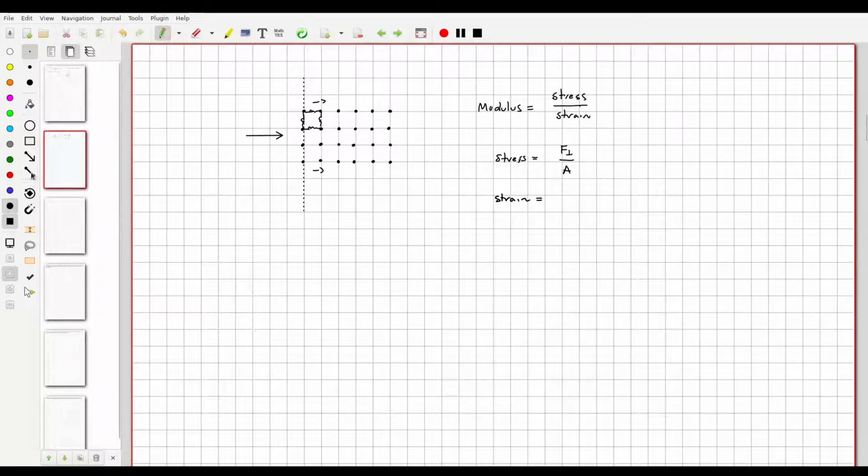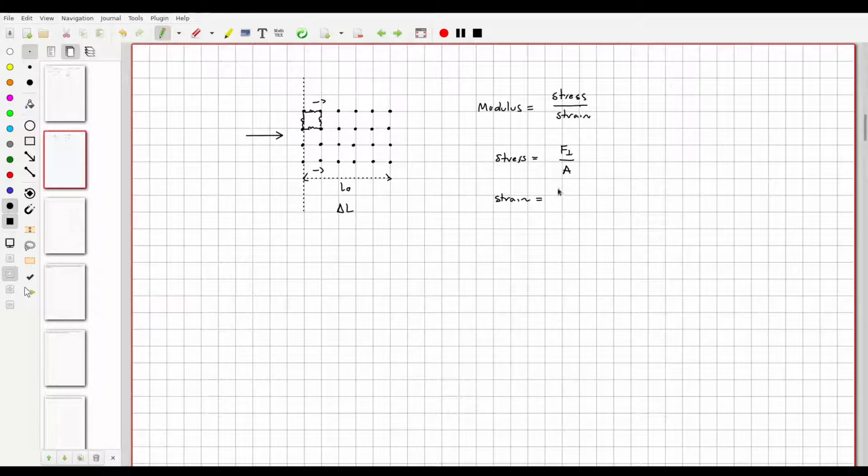Now, if you were to think of this thing as having a length, like the object overall having a length like this, we'll call it L naught. Then the act of compressing this thing along its length is going to cause a change in that. It's going to cause a change in length.